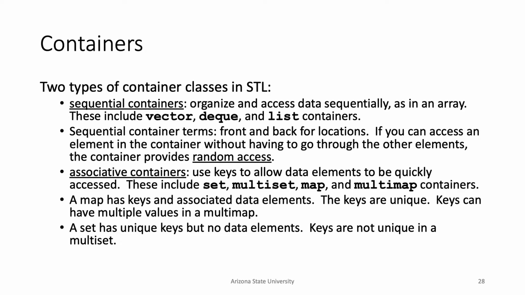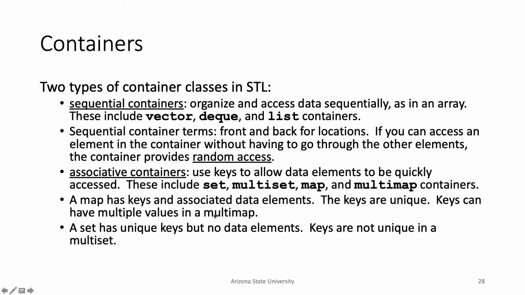Because if you think about it, if there are duplicate keys, then they may correspond to different values. And thinking, okay, this key is in this map, but I don't know which value it is, can lead to all sorts of problems. Maybe you do want that with, say, a multi-map, which allows for that. But a map by default has unique keys and associated values.